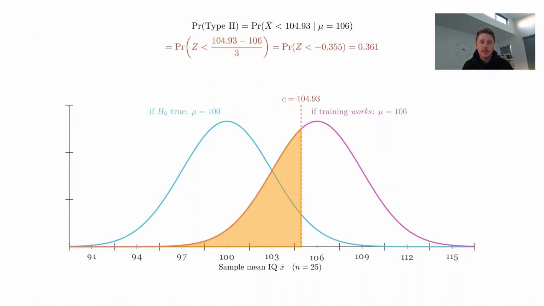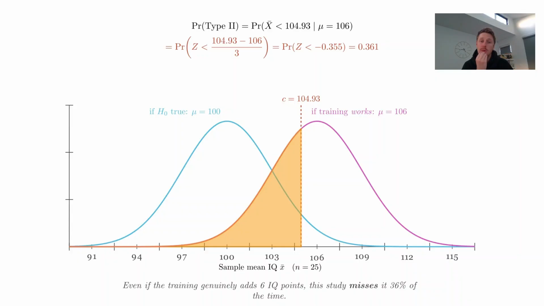Strictly speaking, mathematically, here is the area calculated. The probability of a type 2 error is the probability that we get a value for our distribution less than that critical value of 104.93, given that the mean is 106. Remember, we were just presupposing this mean of 106, but that value is taken from the literature on what these companies thought the mean would increase by.